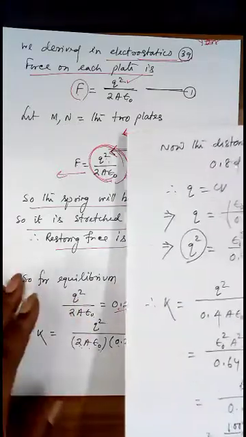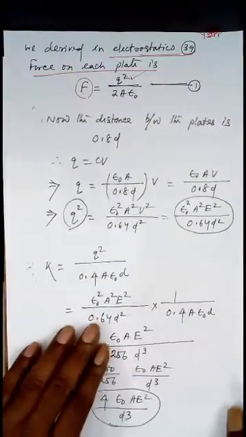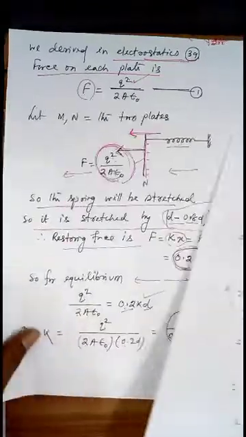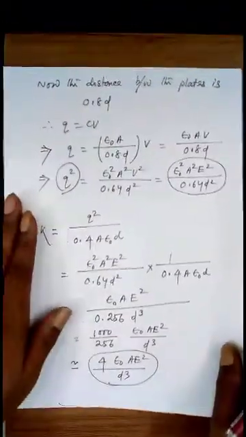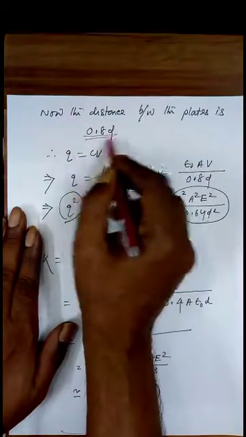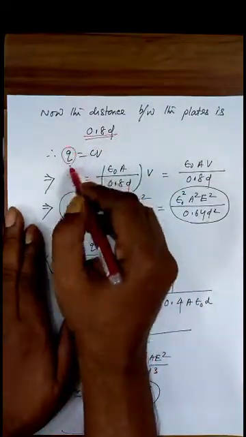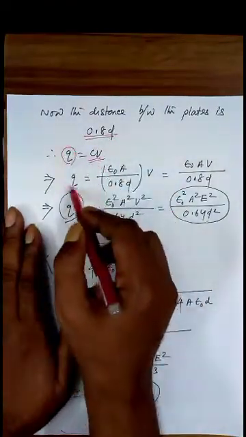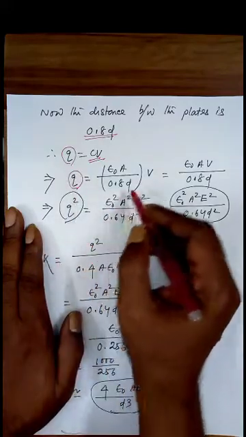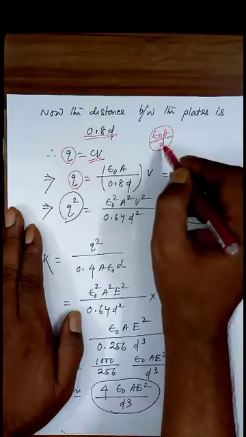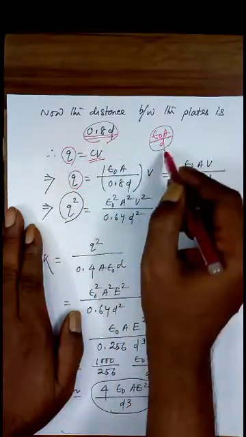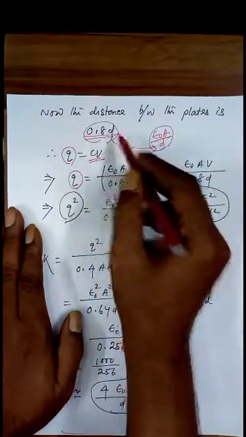Now very simple. What is the distance between the plates? The distance between the plates is now 0.8d, and we know Q is equal to CV. And C we know is epsilon naught A over d. Now the distance is 0.8d, so for d I should replace 0.8d.